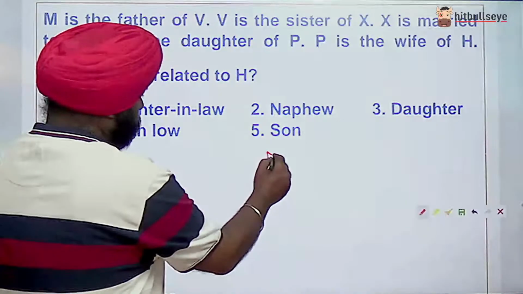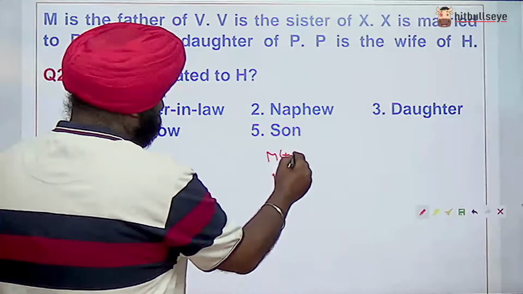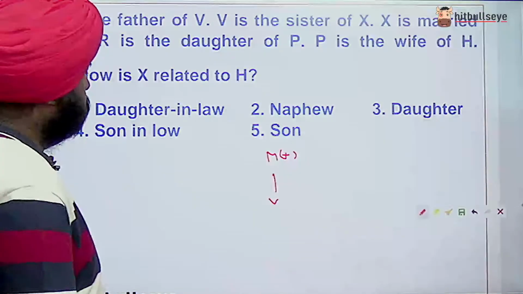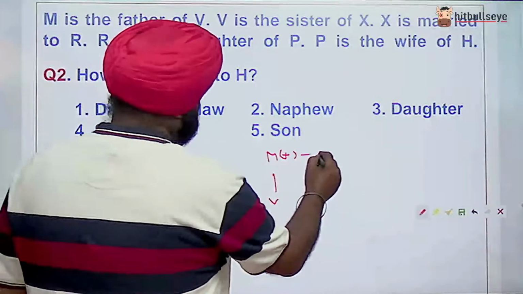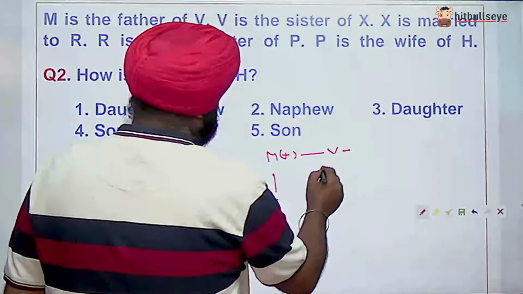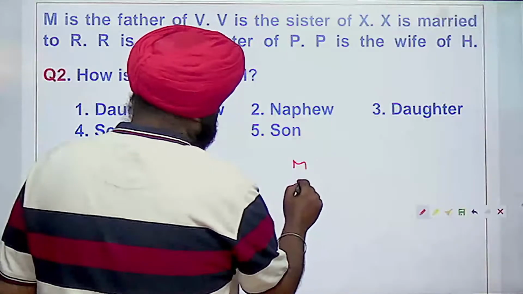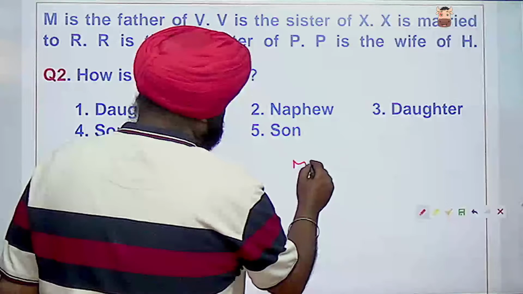M is the father of V, so M's gender is known.